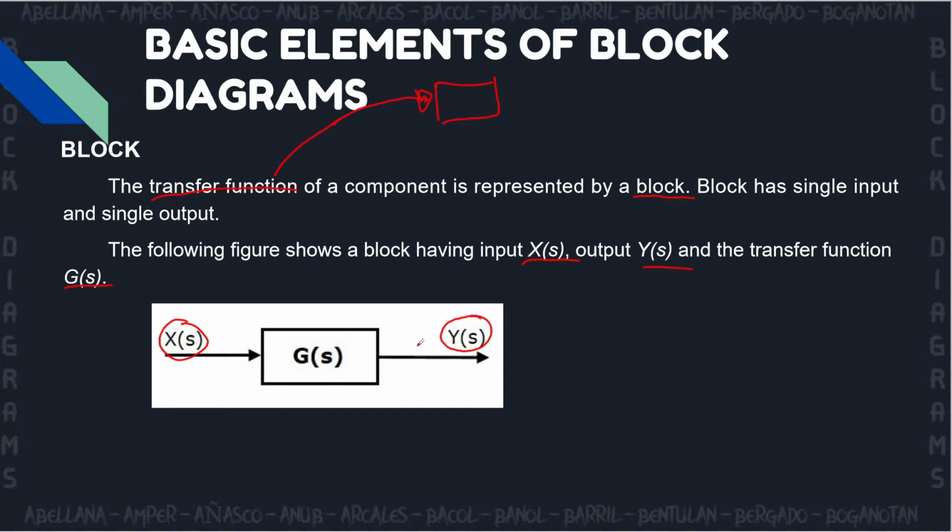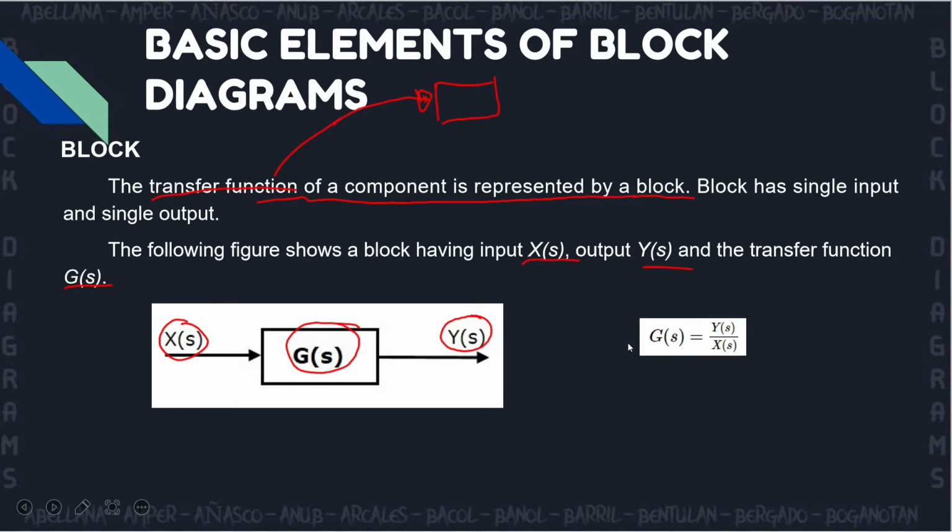Since the transfer function of a component is represented by a block, G(s) is the transfer function. So here we have the formula of the transfer function.